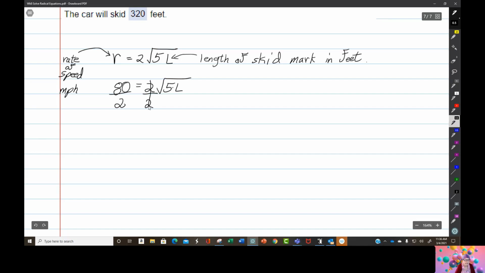Oh dear. So 40 equals the square root of 5L. We have now isolated our radical. We're going to square both sides. Boom, your mom snuck back and she blew up your cell.